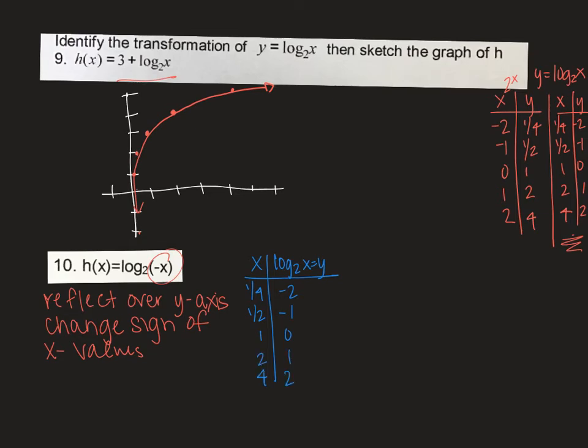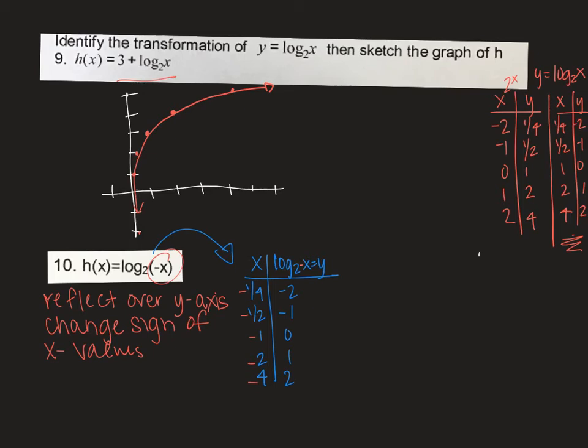And when we need to make it so that it's a negative x instead of a positive x with our logarithm, we're just going to change the sign of our x values. So a negative 1/4, a negative 1/2, a negative 1, a negative 2, and a negative 4.